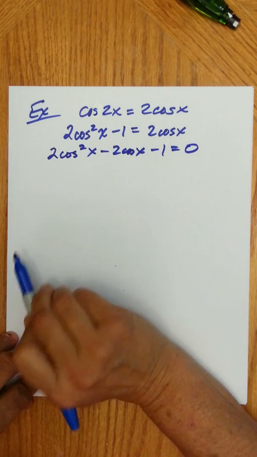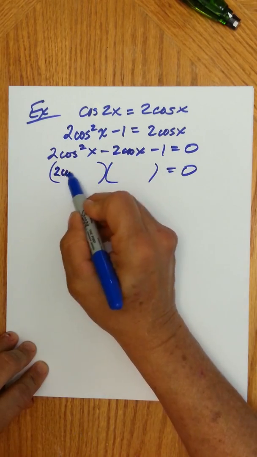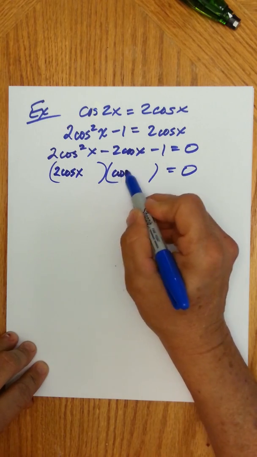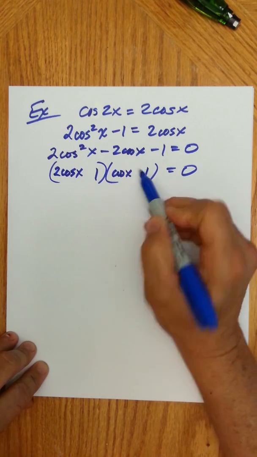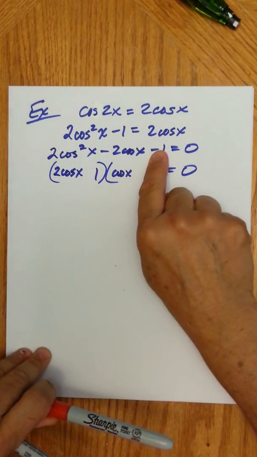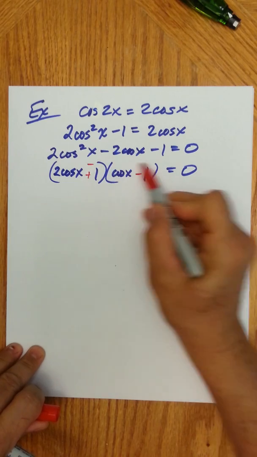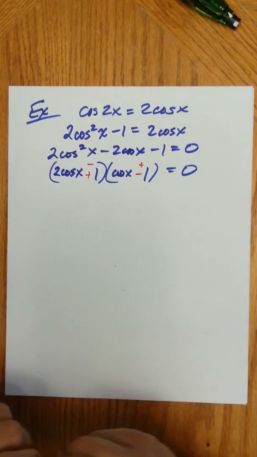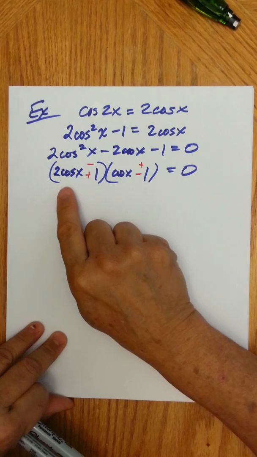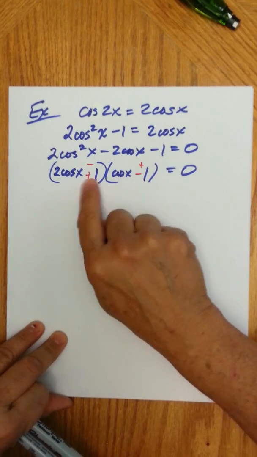Okay, so now when I go to try to factor, I'd say 2 cosine x, and I'd have a 1 and a 1. At this point, since I have a negative here, I'm either going to have this be positive and this be negative, or this be negative and this be positive, right? If I try both combinations, here I have the 2 cosine squared x, that's fine, and I'd have the negative 1. But it's this middle term.